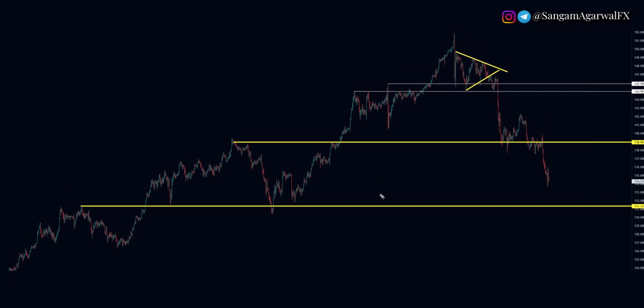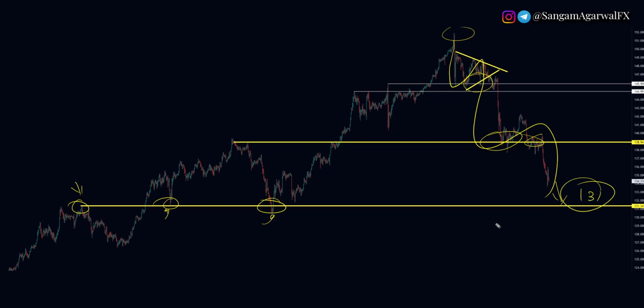And if we see the H4 time frame of USD/JPY, this was the top, and now it is coming down making lower low, lower high on the H4 time frame, and it has broken two key support levels, and now it is ready to retest the next support, which has been tested many times, a strong key support level 131.